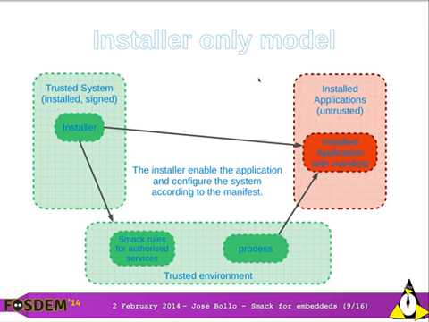It has an installer, and here we will have an untrusted application to install. This application will declare that it will use some features of the system. The user that is installing this application can accept or refuse.